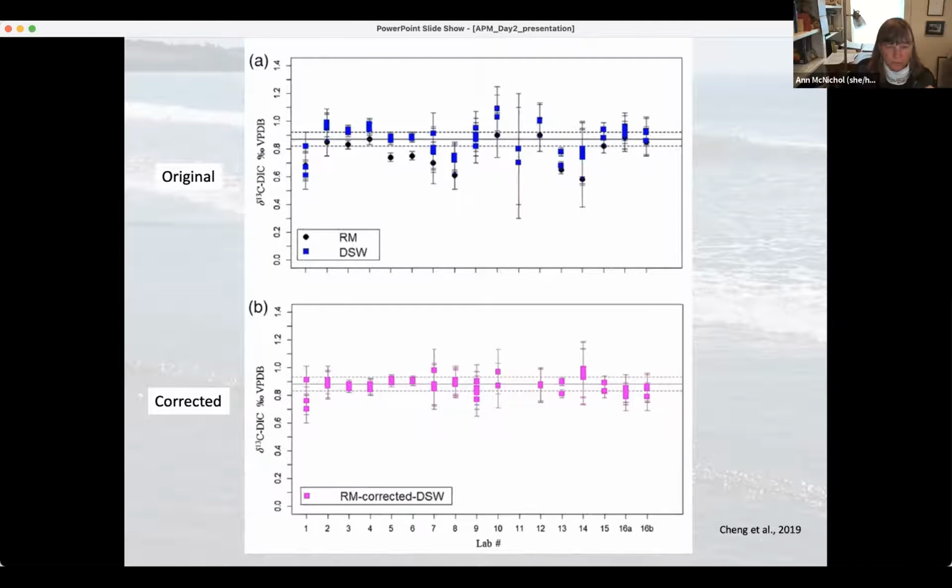So the results of all the laboratories was about plus or minus 0.06 per mil, which is very close to what is required. So that was an excellent comparison study, and it would be good to do that for carbon-14 as well as C13 again.